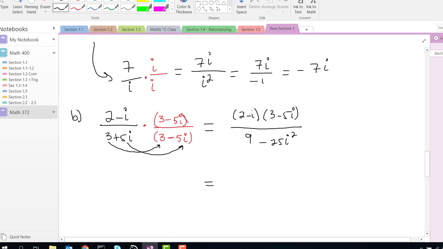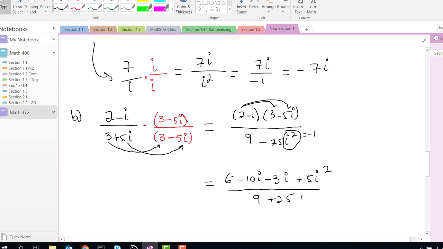So continuing simplifying, now I can multiply these out. So I'm going to get 6, minus 10i, and then minus 3i, and then plus 5i squared, the whole thing divided by 9 minus 25i squared. Remember i squared is equal to -1, so that becomes plus 25, and hence a real number.